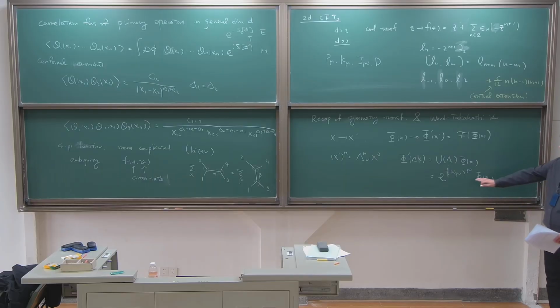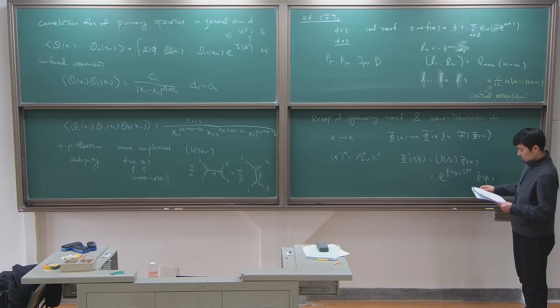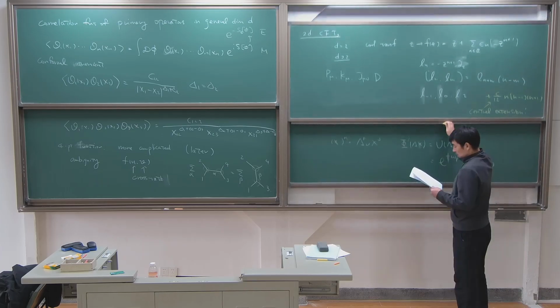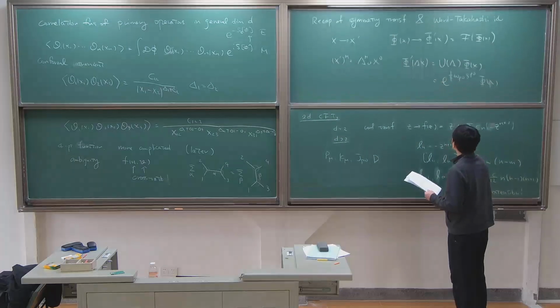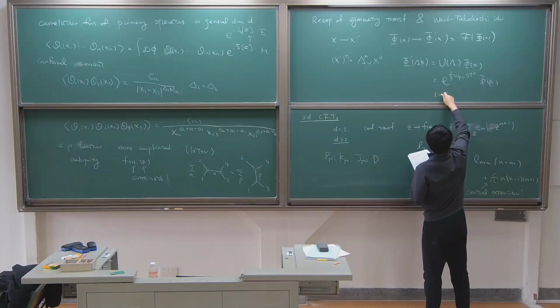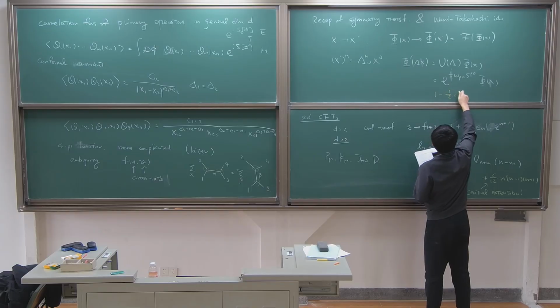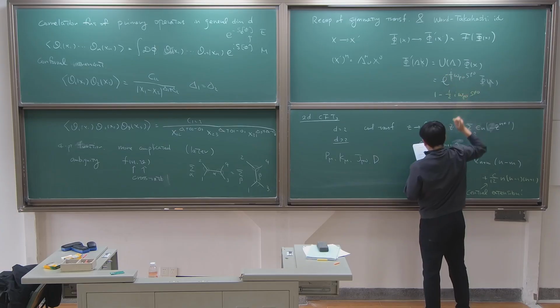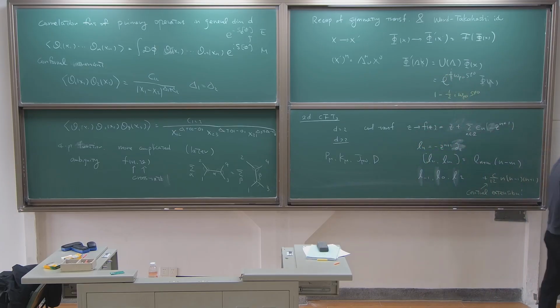If infinitesimal, this will become 1 minus 1/2 i omega rho mu S rho mu. Okay, so that's the rotation like this.